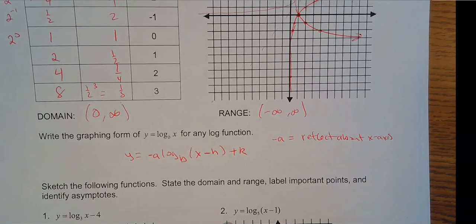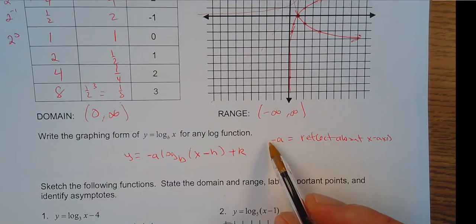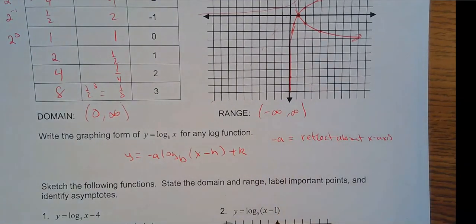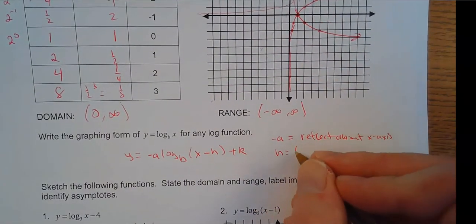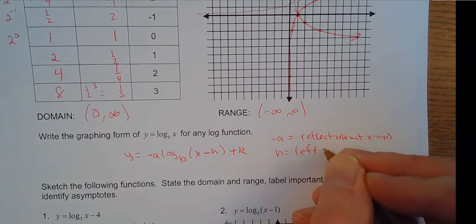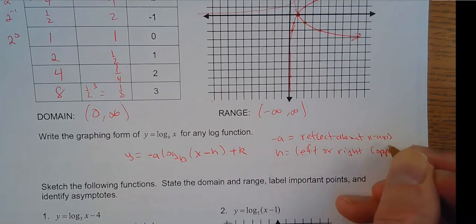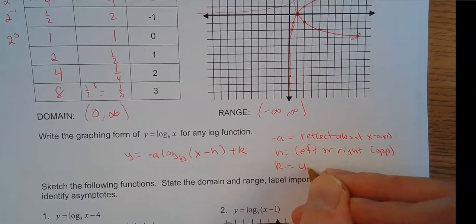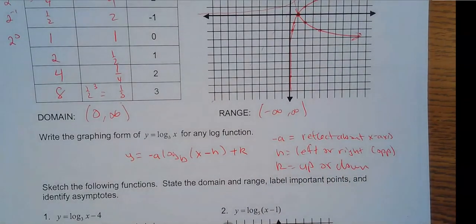If you remember, we called it a vertical stretch or a vertical shrink, but I don't plan on changing that number on you, just a negative is what's important. And then h, again, is left or right, and it's the opposite of what you would think. k is up or down. It is what you think, okay?